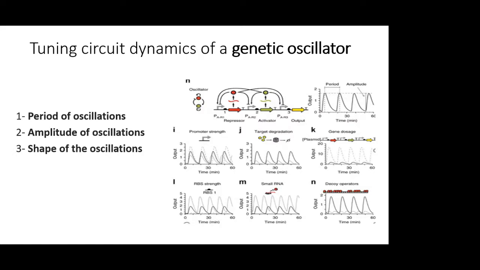You could have, for example, a living stem cell that interprets a morphogen gradient in the environment, and based on the concentration of the morphogen, it can initiate differentiation. It can make a decision regarding its fate.